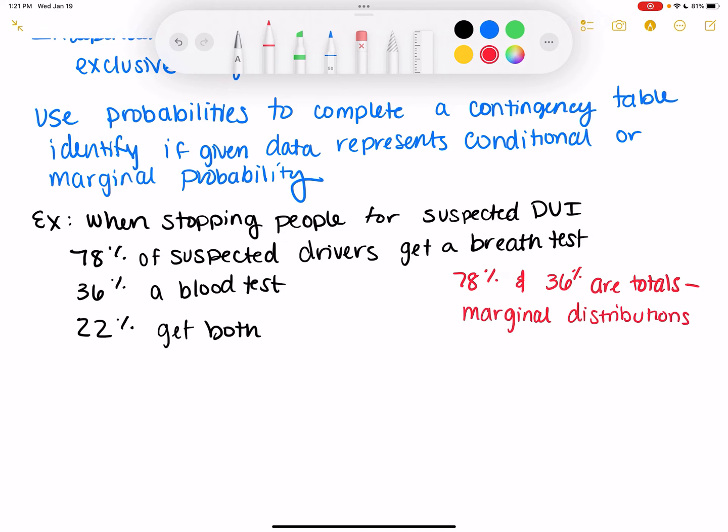Basically this is telling me that 78% of all the people pulled over got a breath test, and 36% of all the people pulled over got a blood test. So that's going to be the total amount in each of those columns. But the people that get both, you're subtracting out of those in a sense. So 22% is a joint distribution, which we're going to use to find the other stuff.